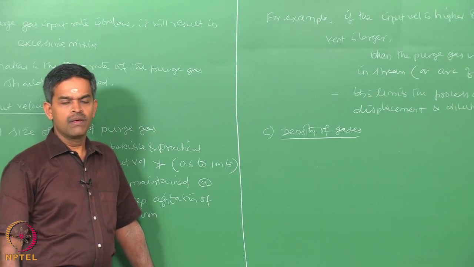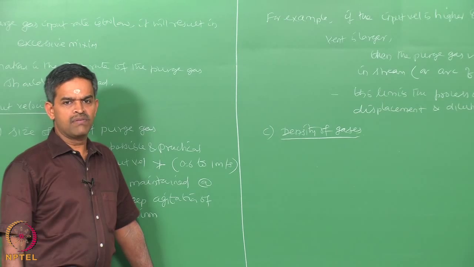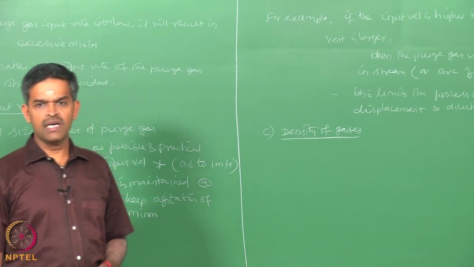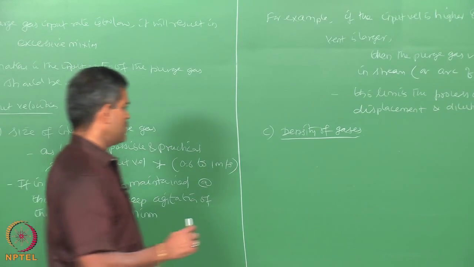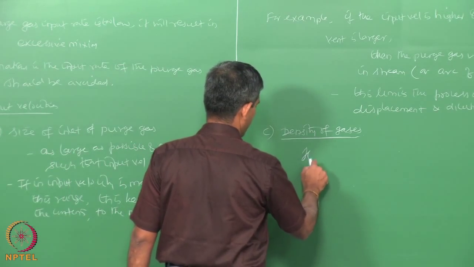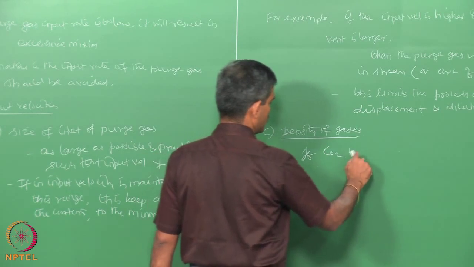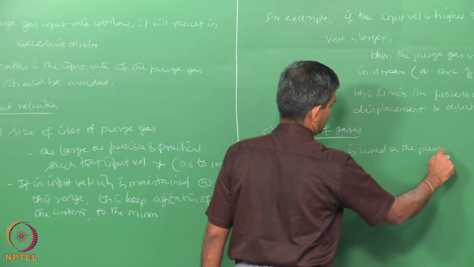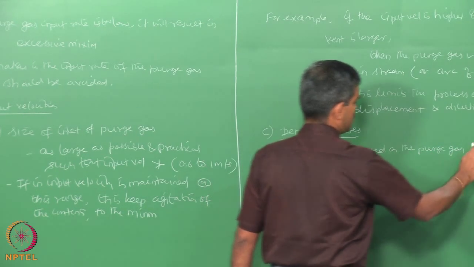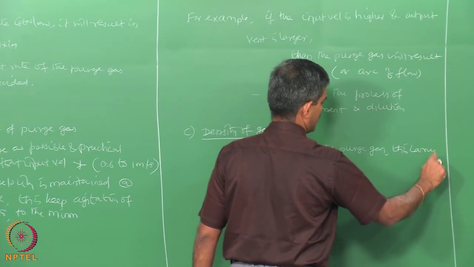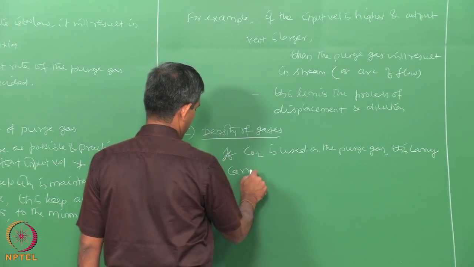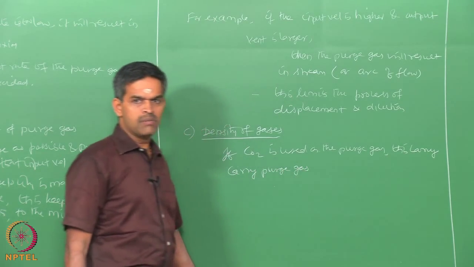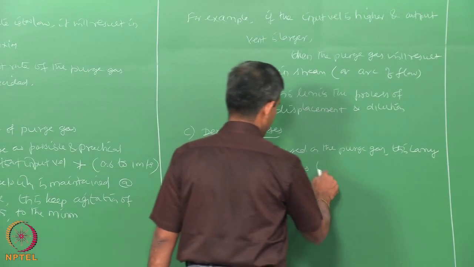For example, if you use carbon dioxide, with a specific gravity of approximately 1.5, this will carry the purge gas approximately to the center across the chamber.